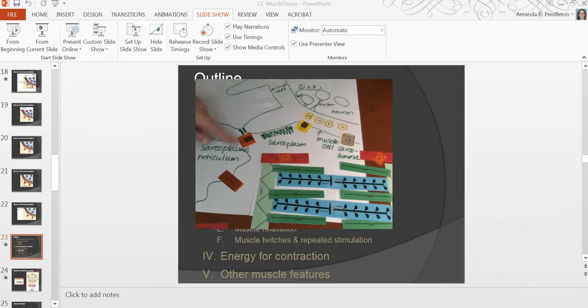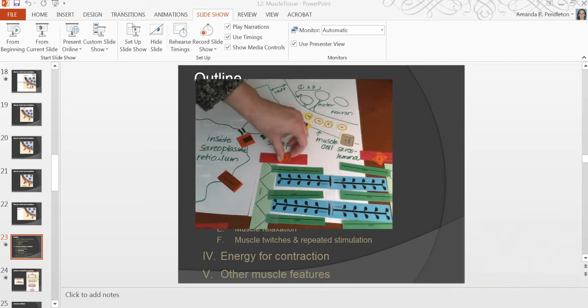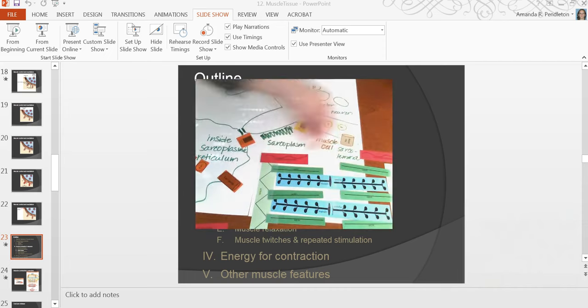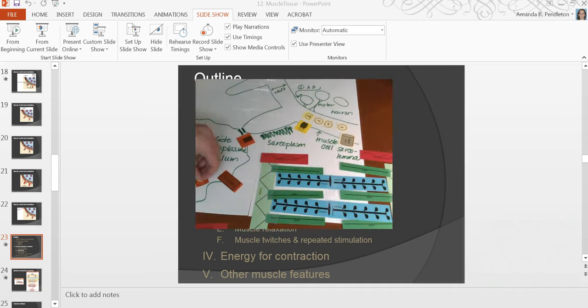And then guess what's there? There's a calcium pump. And that calcium pump will take the calcium and it will pump it back into the sarcoplasmic reticulum. Now notice, calcium is no longer bound to troponin or tropomyosin.